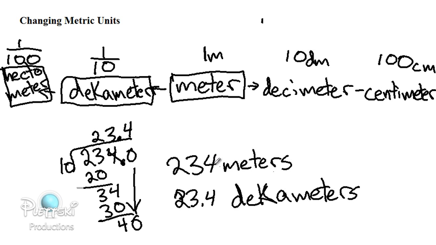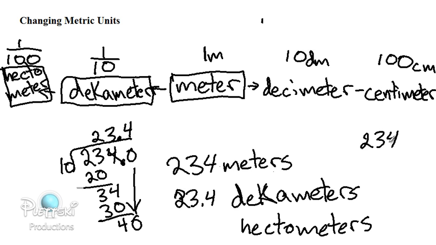Okay, what if I wanted to convert this 234 meters into hectometers? Well, now I have to divide it again by 10, or divide the meters by 100. So how many times does 100 go into 234?